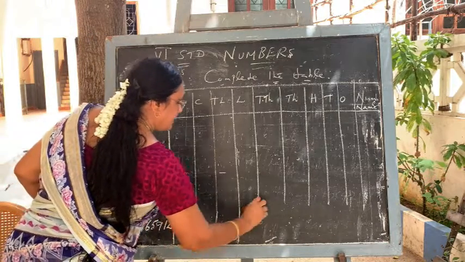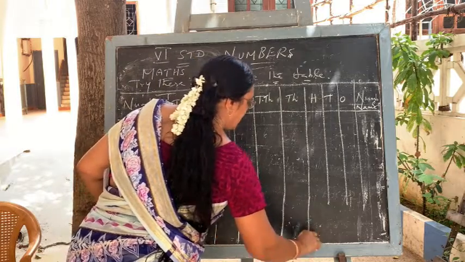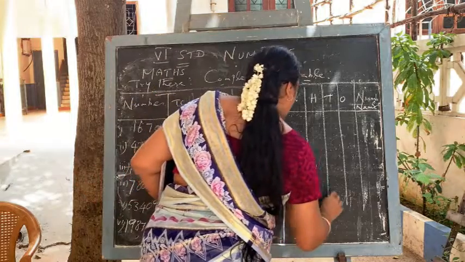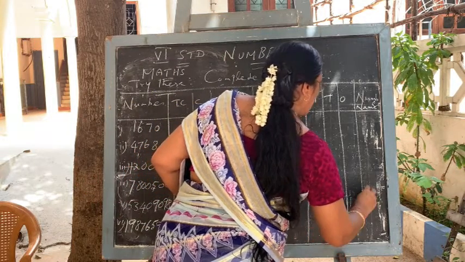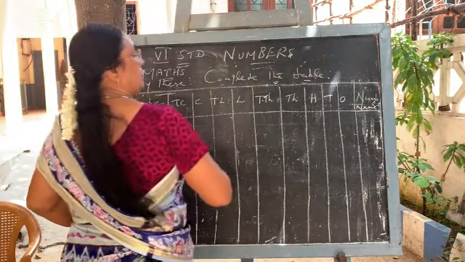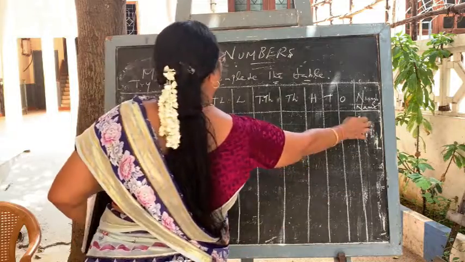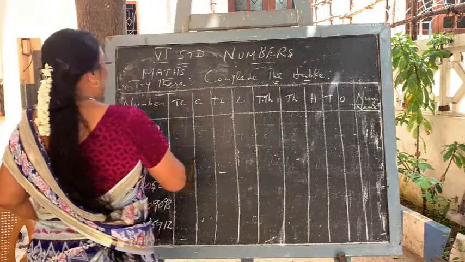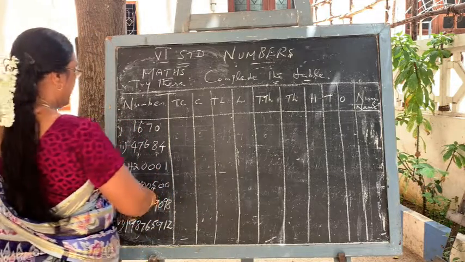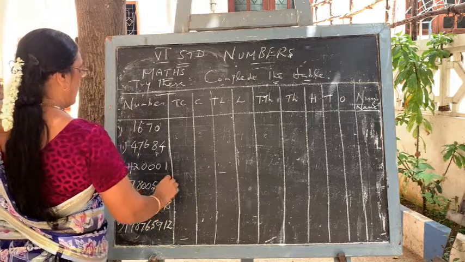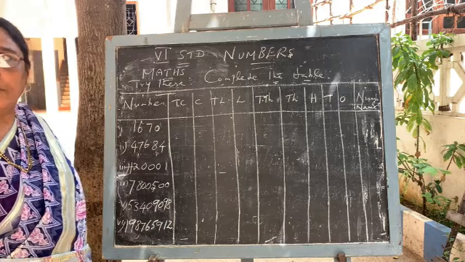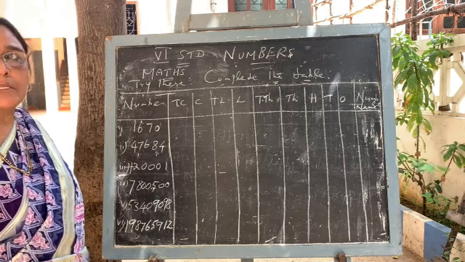And the last column, you have to open the last column a little bit big, because you can't write the number name here. For example, I'll do the fourth one. How can you fill this? I already told you how to fill this. While filling the column, you have to fill it from the ones. Okay?